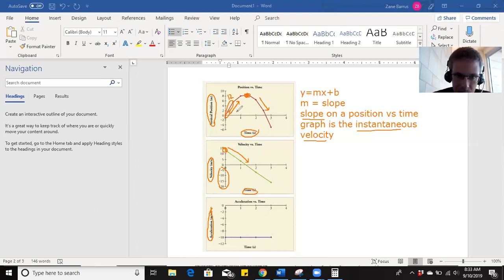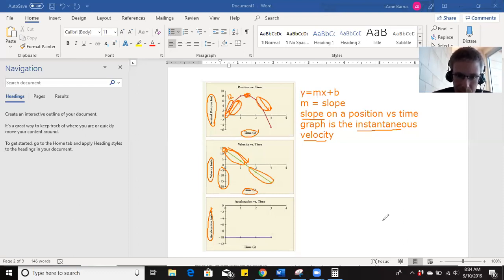Up above, our position was positive because it was going up on the graph. In the second half of the graph, it was going down. Similarly, down here in the velocity graph, the velocity in this segment was positive. In this segment, the velocity is negative.